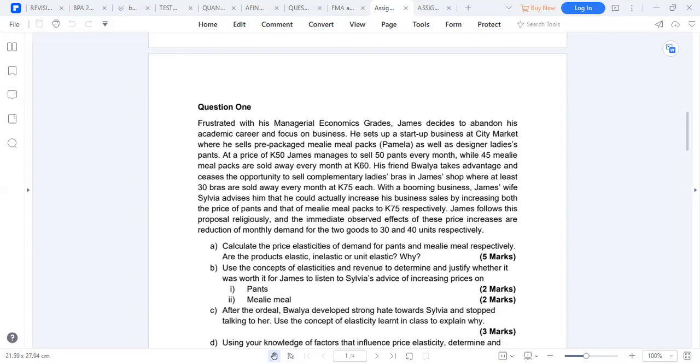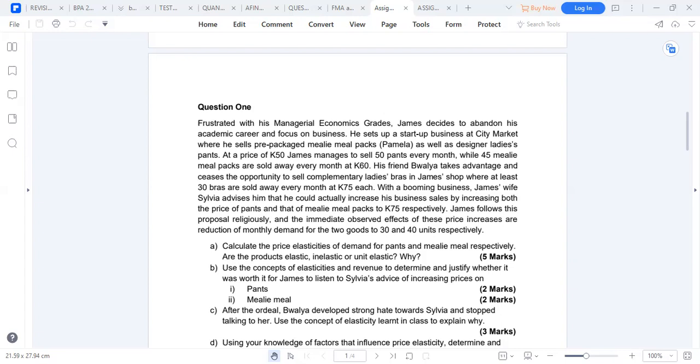Then we'll go in understanding the question at length. So to start with, like I said, elasticity of demand is a concept in economics that simply measures how responsive the quantity demanded of a good or service changes due to its price.